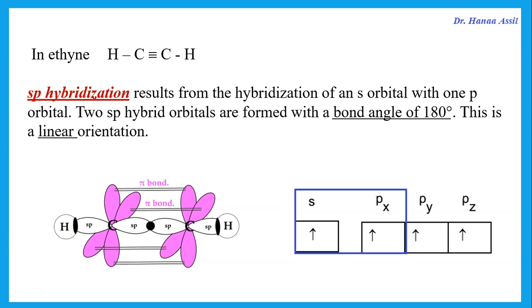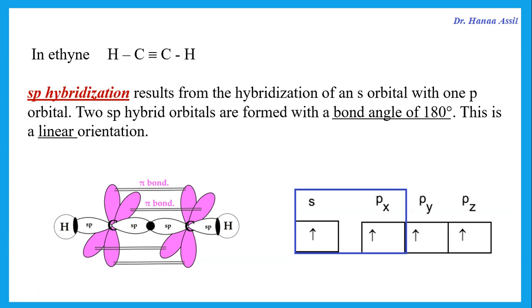So in a triple bond between the 2 carbons, what we have is sp hybridization. So we have a hybrid orbital made by mixing 1 s and 1 of the p's. These 2 sp hybrid orbitals have to be spaced as far away from each other as possible for minimum repulsion between the bonding pairs of electrons.